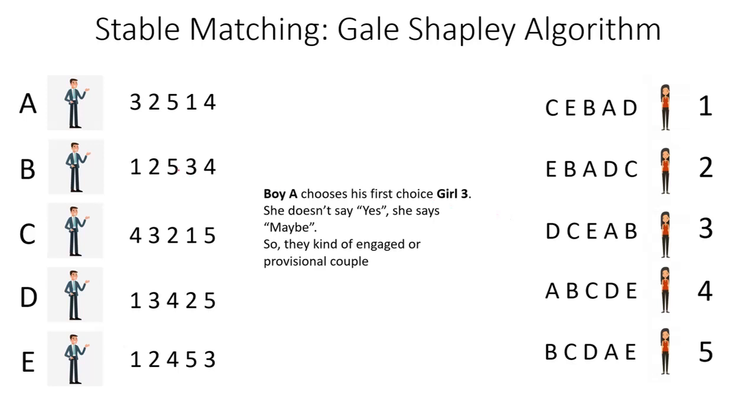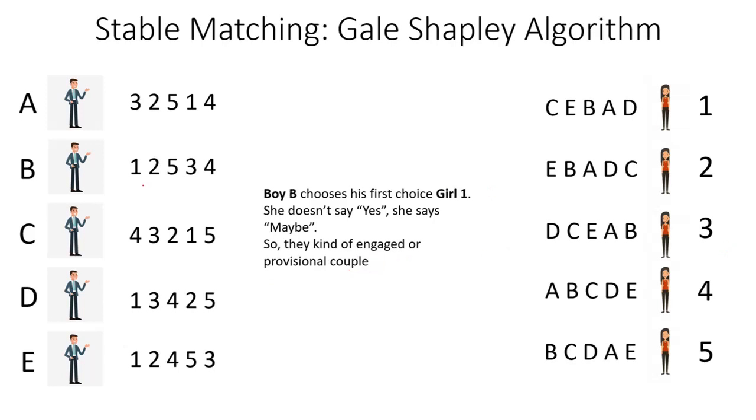So again, we start with the boys, and boy A does the first step, and of course he goes to the girl who is most preferable to him, which is girl number 3. Boy A makes an offer to girl 3, but she doesn't say yes. She says maybe. So they are kind of engaged, also called a provisional couple.